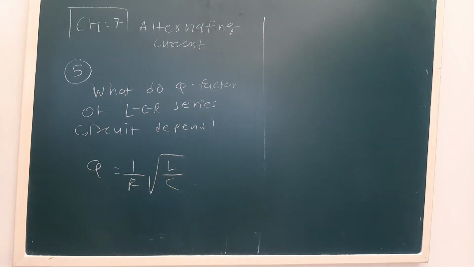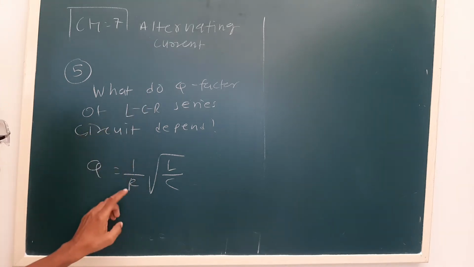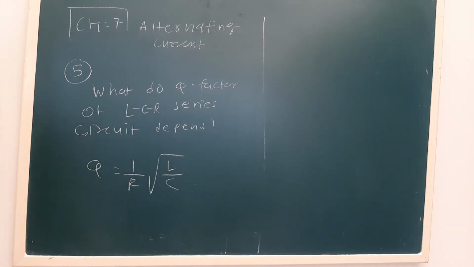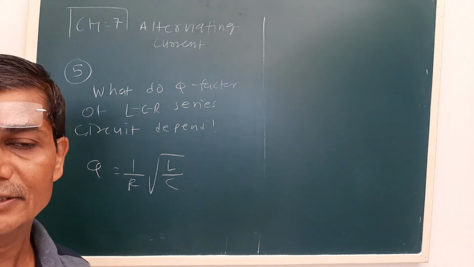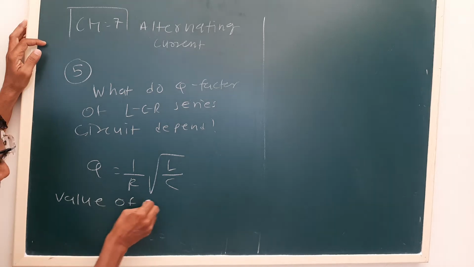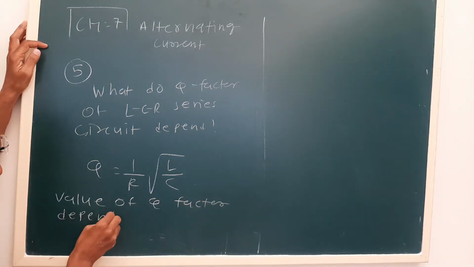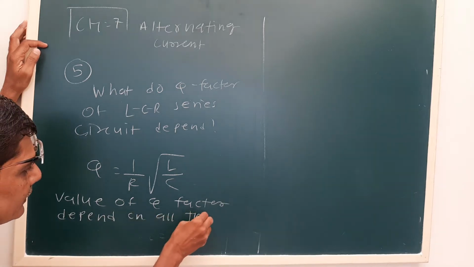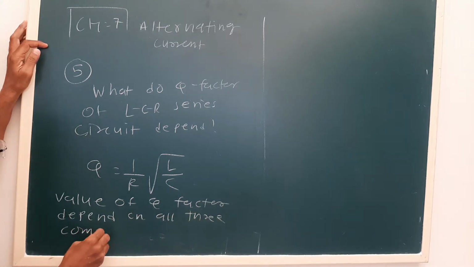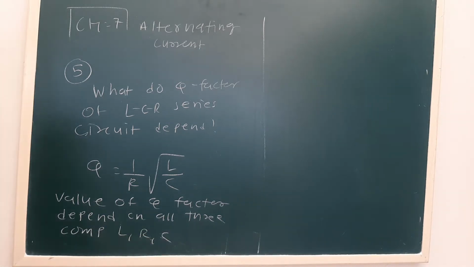That is 1 upon R into root of L upon C. So we can see that the value of the Q factor depends on all three components of the LCR series circuit, R, L and C. If any of the components changes, the Q factor will change. So the value of Q factor depends on all three components L, R and C. Okay, so this is about the Q factor.